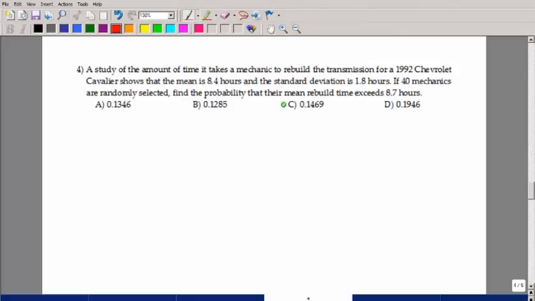A study of the amount of time it takes a mechanic to rebuild the transmission for a 92 Chevy Cavalier shows that the mean is 8.4 hours and the standard deviation is 1.8. All right, so mean of x is 8.4, standard deviation of x is 1.8.